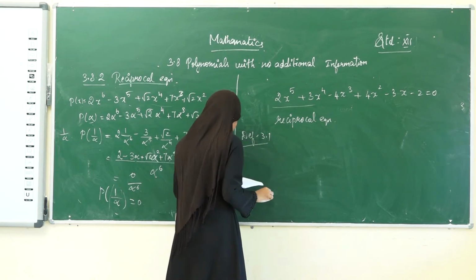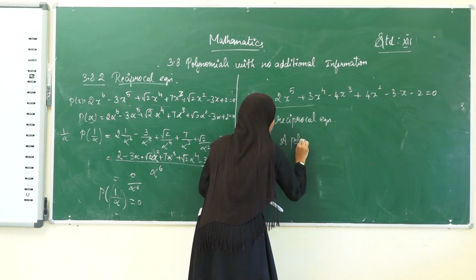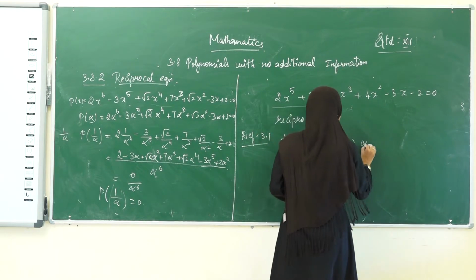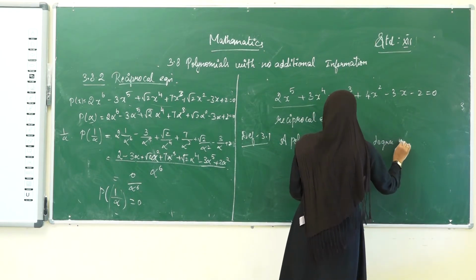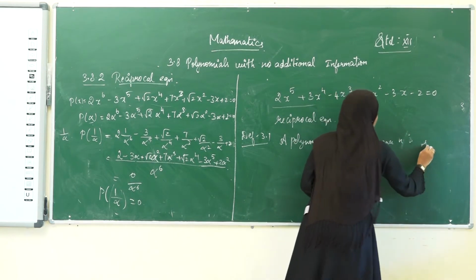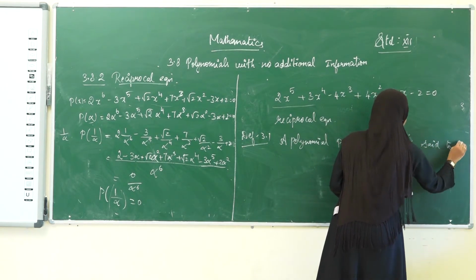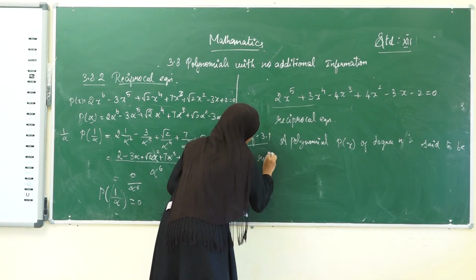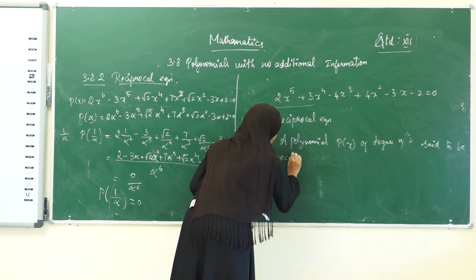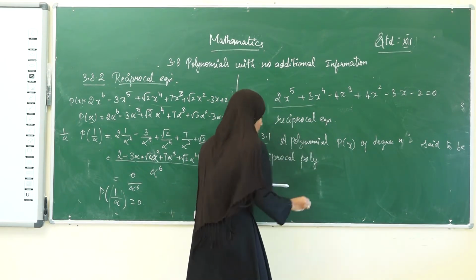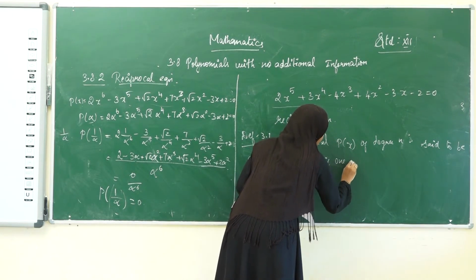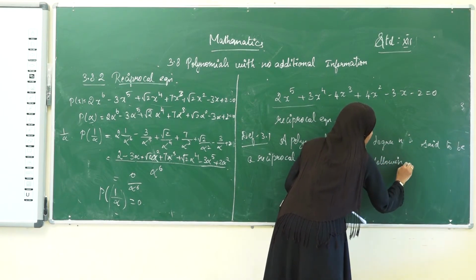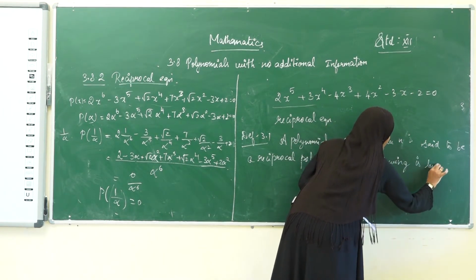Definition 3.1. What have they given? A polynomial p of x of degree n is said to be a reciprocal polynomial equation if one of the following conditions is true.